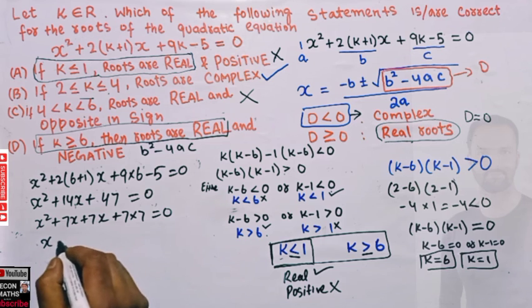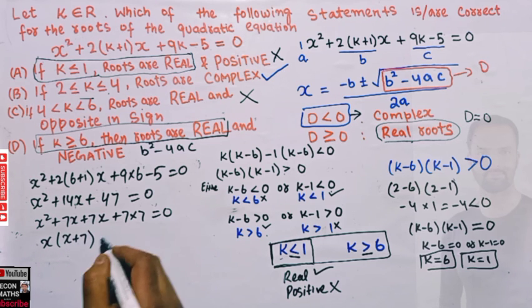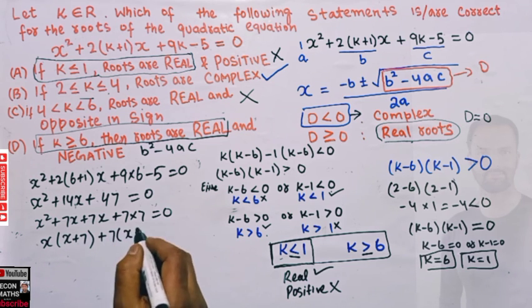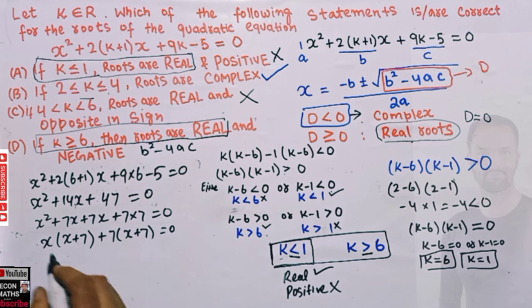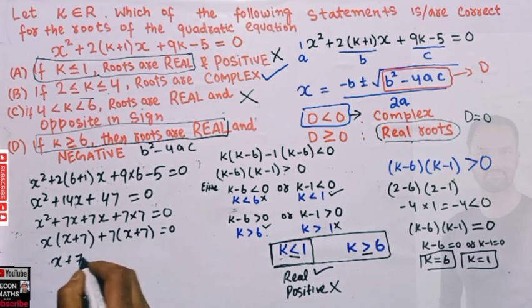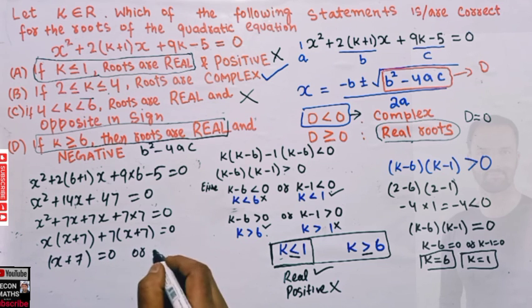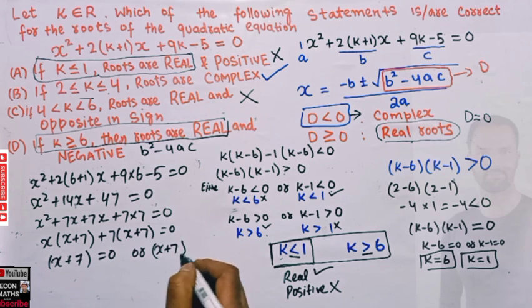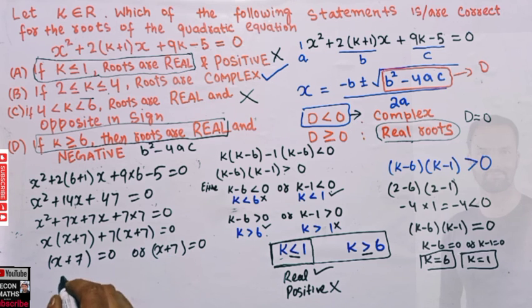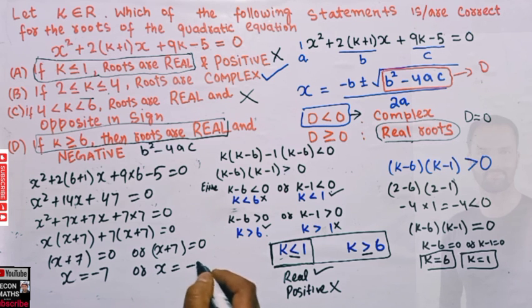So this is x plus 7 into x plus 7. That means x plus 7 should be equal to 0, which gives us x is minus 7.